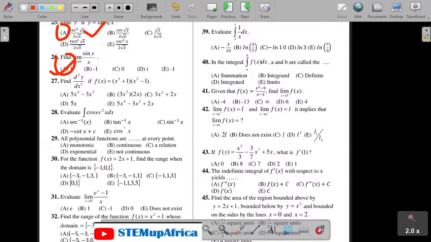Then look at question 27. We should find the second derivative d squared y over dx squared if f of x equals (x cubed plus 1) and (x squared minus 1). Remember, your f of x is always y.